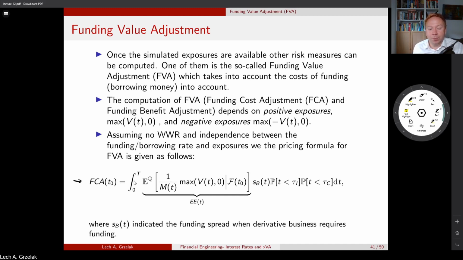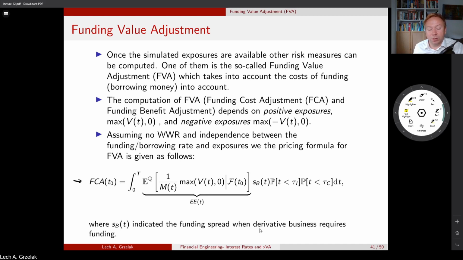So here you see again an integral over time. This is again assuming no wrong way risk, so we're assuming zero correlation between defaults and exposures. We have a term which corresponds to the expected exposures. Here we have a so-called funding spread, which typically would be linked to the cost of our funding for derivatives.